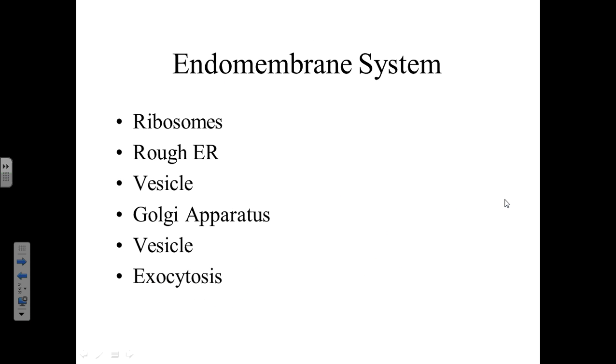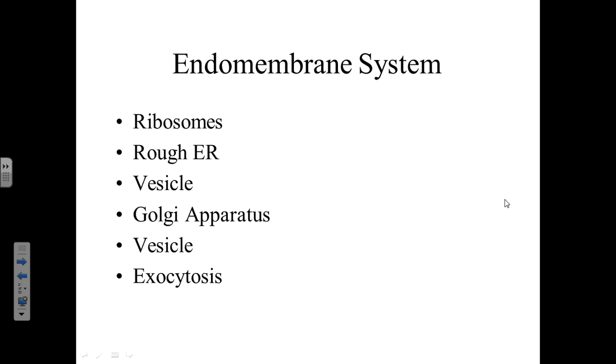Sometimes what I just described to you is called the endomembrane system. It's kind of like the factory line in a factory. Start at a ribosome. What do ribosomes do? They make the proteins. The protein goes down into the rough ER. What's the job of the rough ER? We said to compare it to what part of the factory?